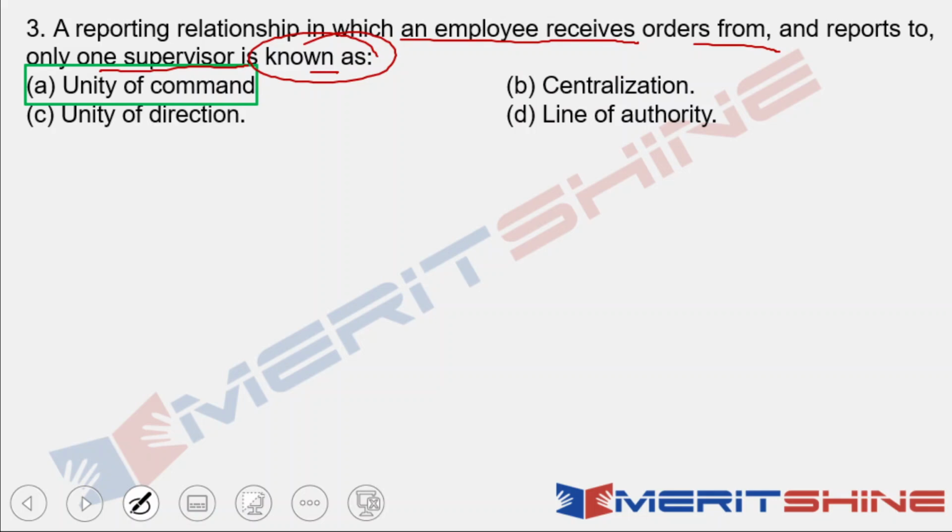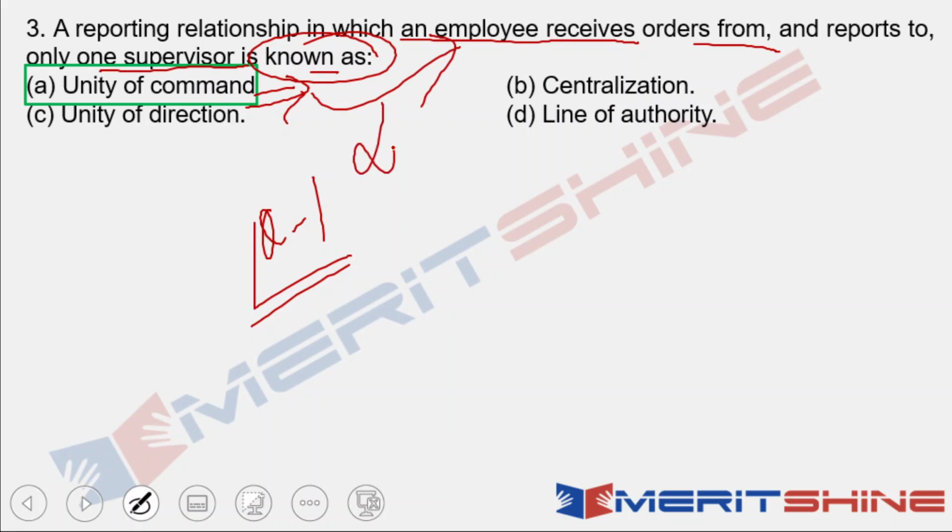We don't need to even go back to the concept. We have already done for question number 1 the concept of Henri Fayol's 14 principles, and there I explained to you what unity of command is. This is, in other words, the definition of unity of command that has been given to you. Once you have done the concepts, it becomes very easy for you to do questions.